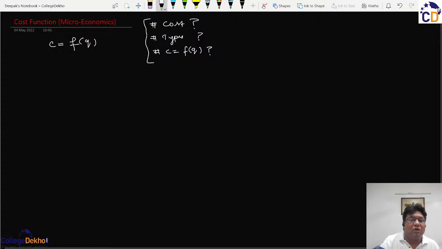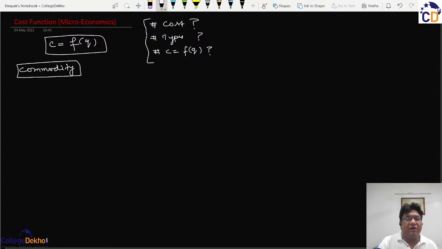So, before I move into this function relationship between the cost and the quantity, we should first understand that economics is primarily about the creation of commodities, that is, the goods and the services, which satisfy the wants, the needs of the consumer.